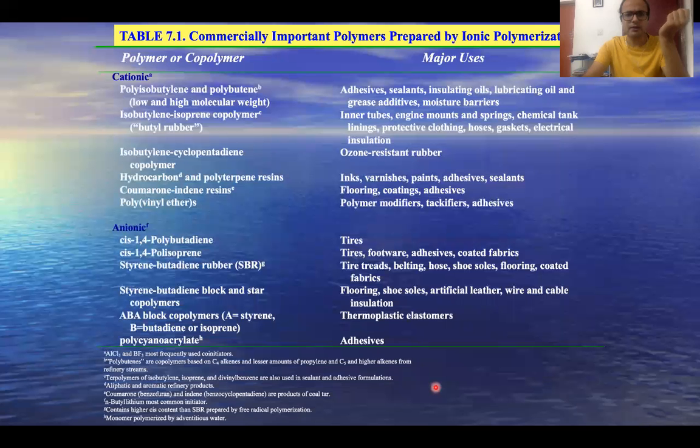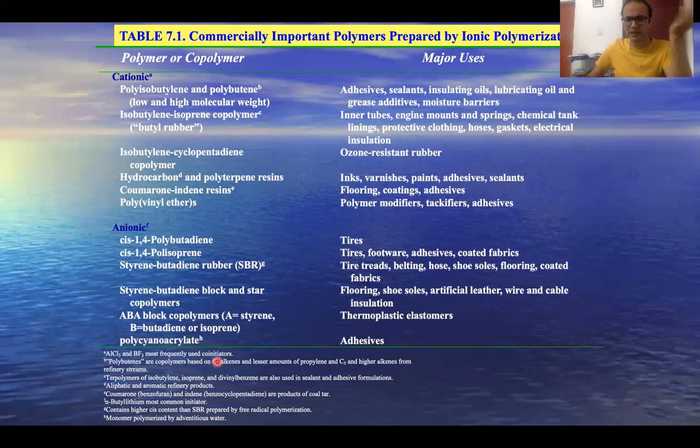Now, this is a table that shows the different vinyl polymerizations, and how cationic polymerization can be used to synthesize these kinds of polymers, and anionic polymerization can be used to synthesize these kinds of polymers.